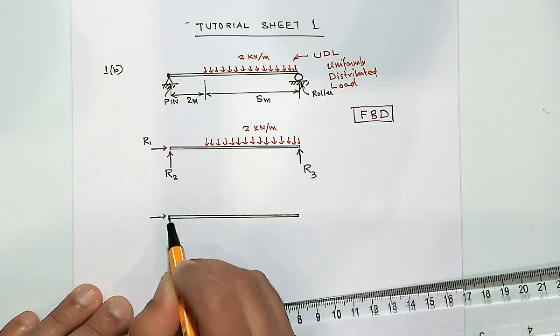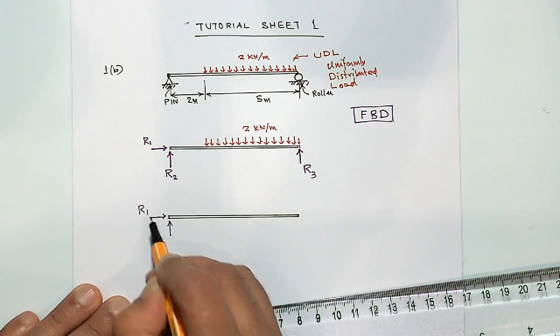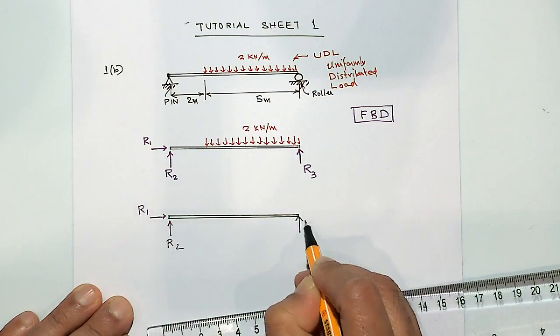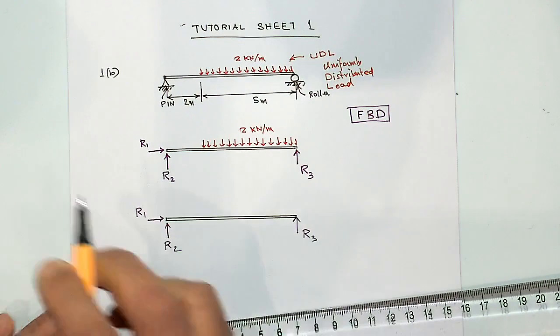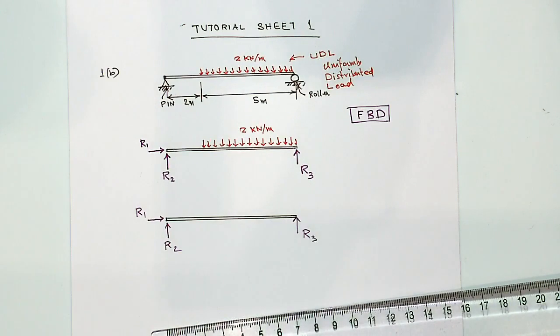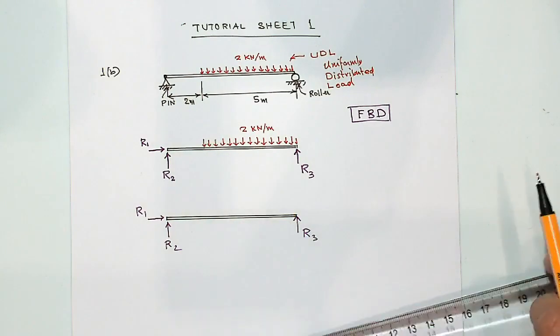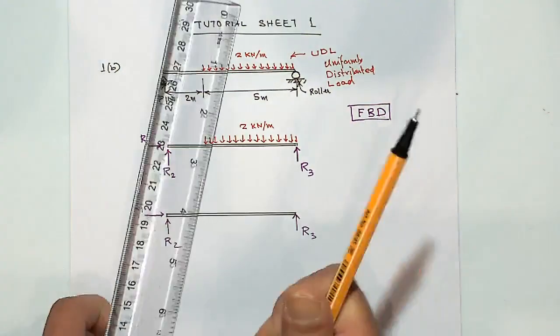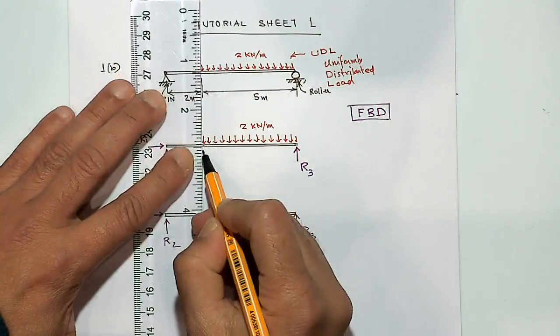So I am just redrawing the diagram again, R1, R2 and R3, but this time I will make a change. I will put that load, all of this load, which was 2 kilonewton per meter over a length of 5 meter.